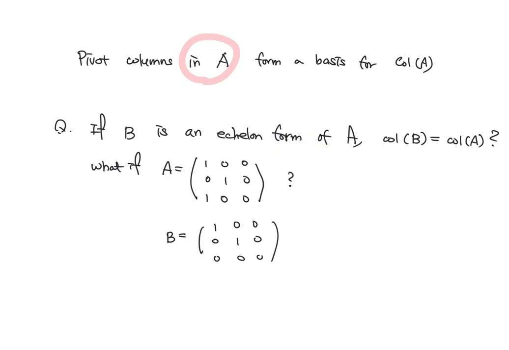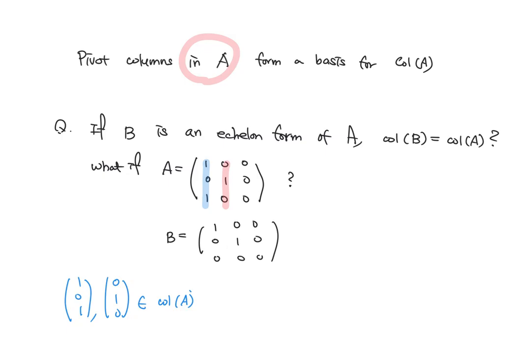So, for example, the column space of A contains, say, the 0, 1, 0 vector. It also contains the 1, 0, 1 vector. Right? So the column space of A has the 1, 0, 1 or 0, 1, 0 vector. They are included in the column space of A. Right?